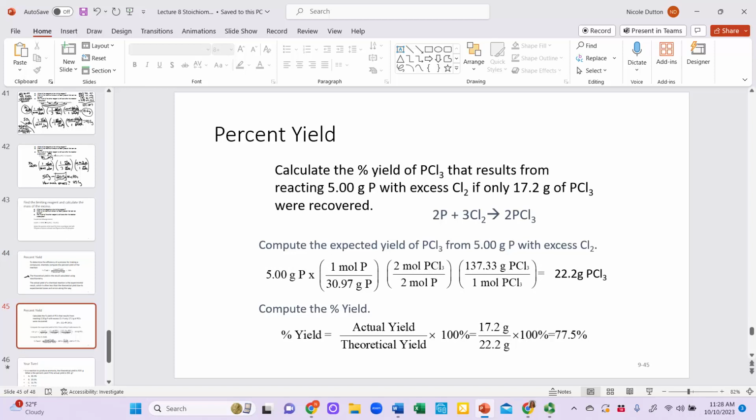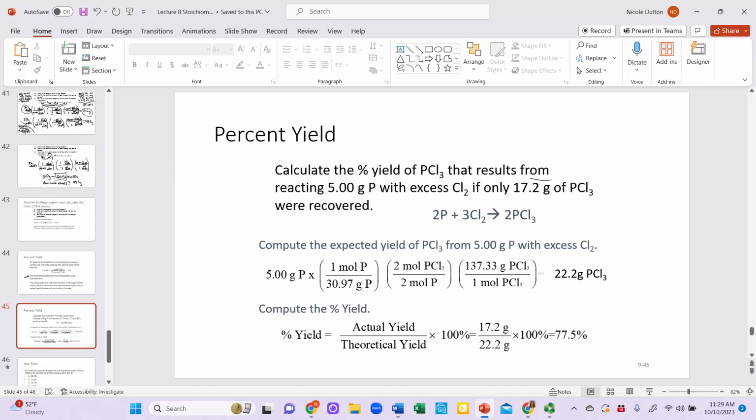So to find the percent yield, you're going to calculate the theoretical yield first, and then compute the percent yield. So here's the sample problem. Calculate the percent yield of PCl3 that results from reacting 5 grams of P with excess Cl2 if only 17.2 grams of PCl3 were recovered.